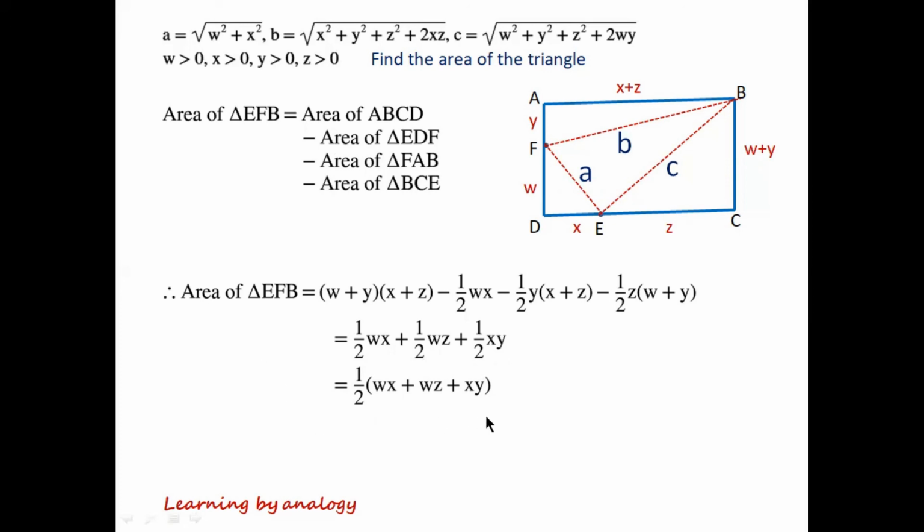Simplifying, we have a half times wx plus wz plus xy.